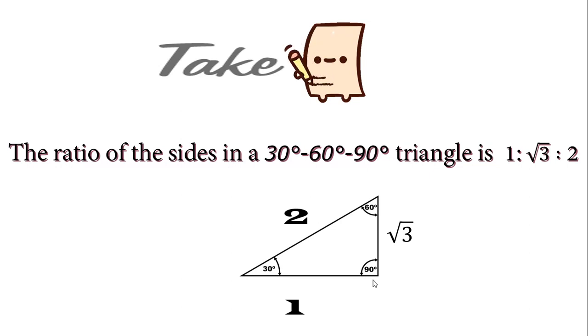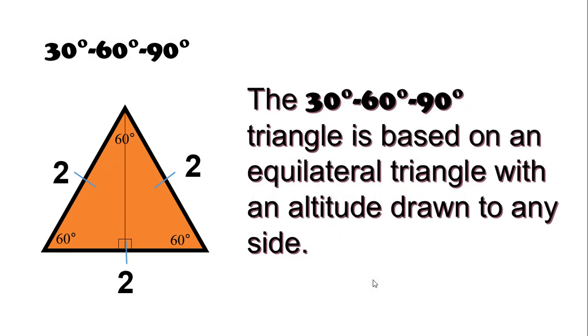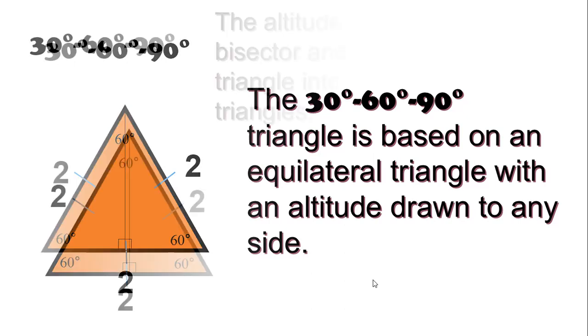Take note of this: the ratio of the sides in a 30-60-90-degree triangle is 1 is to square root of 3 is to 2. Let's prove it. The 30-60-90-degree triangle is based on the equilateral triangle with sides of 2 units, with an altitude drawn to any side.